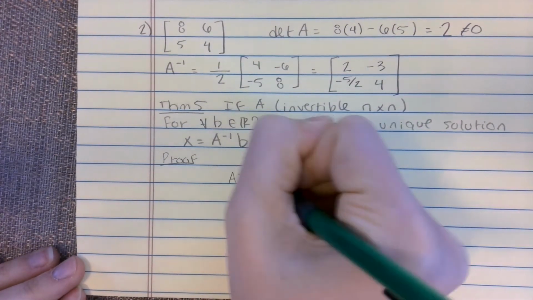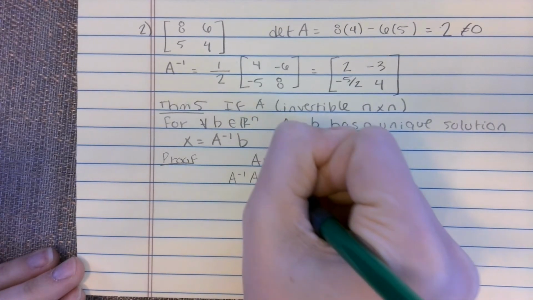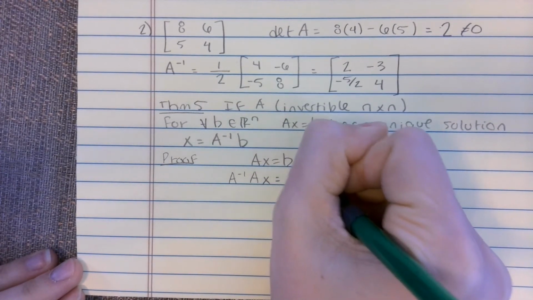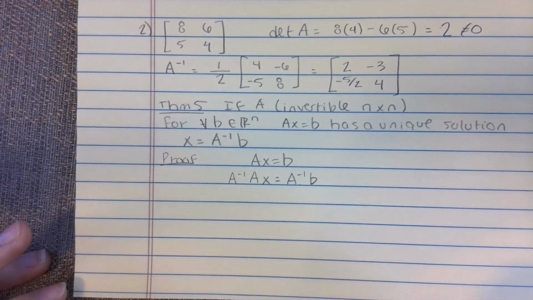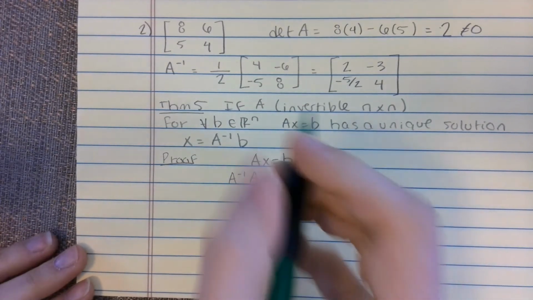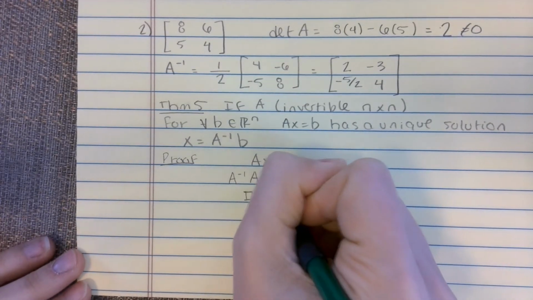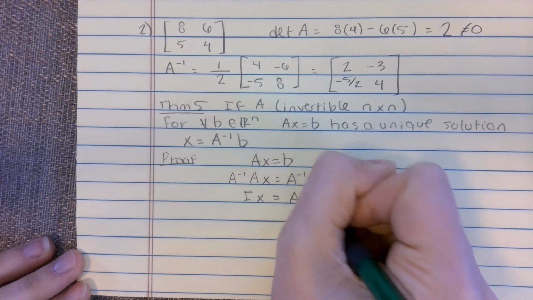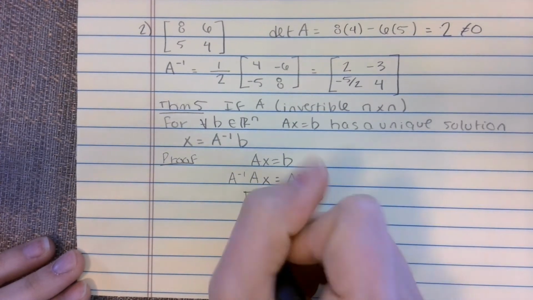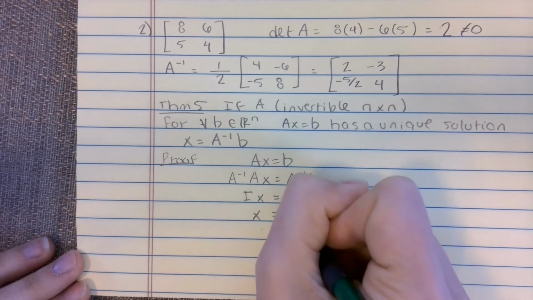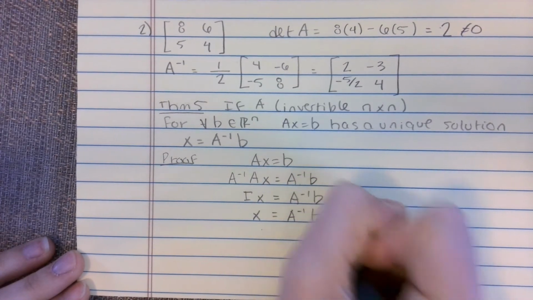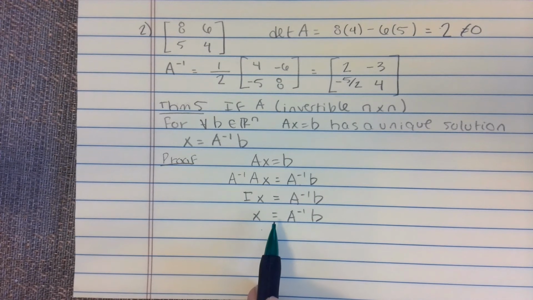As long as I do it to one side, I can do it to the other. But A inverse times A is the identity matrix, and identity times a vector is just that vector. So the answer, a quick short proof, is that that X value must be equal to A inverse times B.